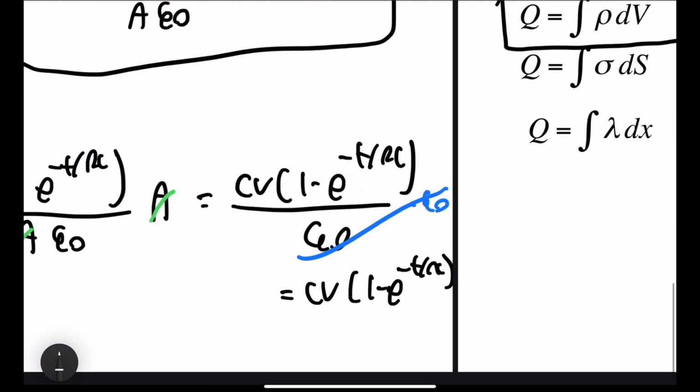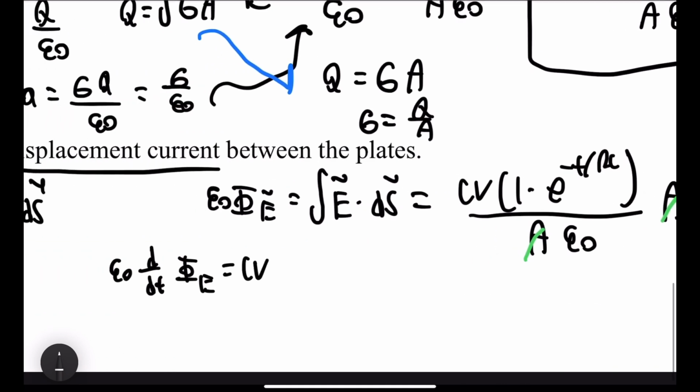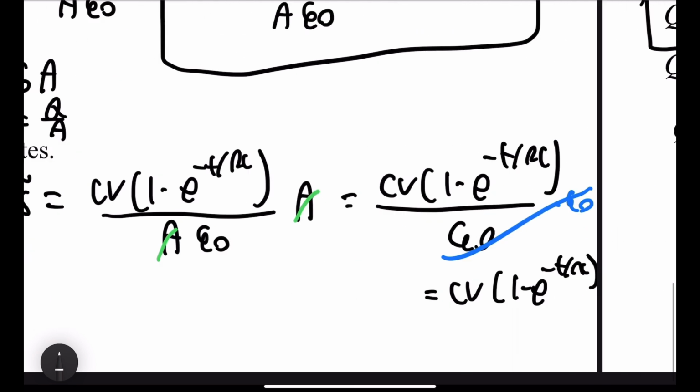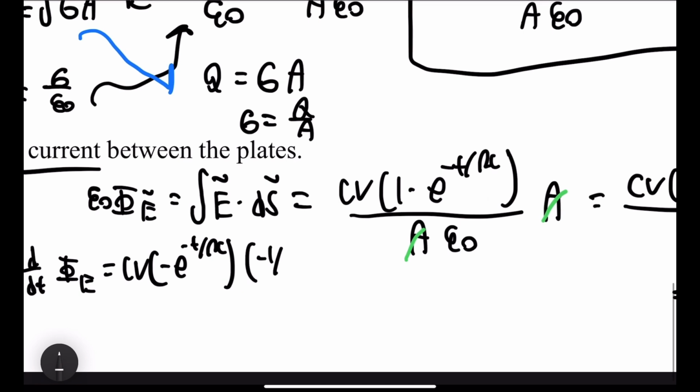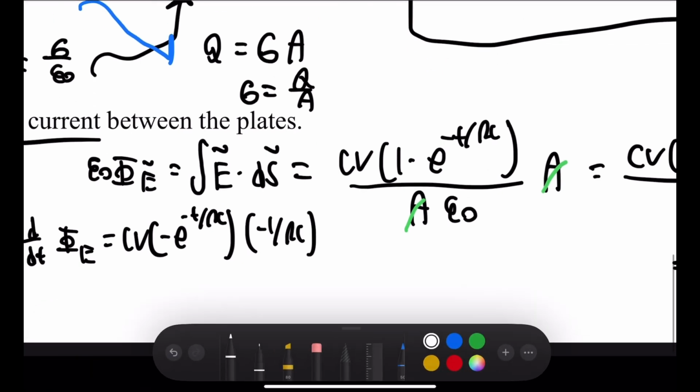If I take the derivative of this, I'm going to get CV. Derivative of 1 is 0. I'm just left with negative e to the negative t over RC, and the derivative of that exponent is negative 1 over RC. So one of the C's is going to cancel. Negative becomes positive. So this is equal to V over R e to the negative t over RC.